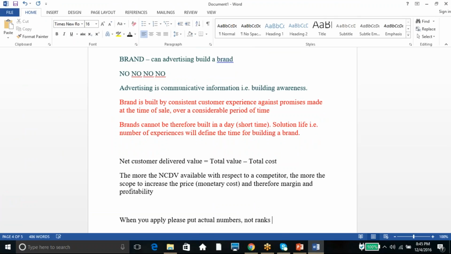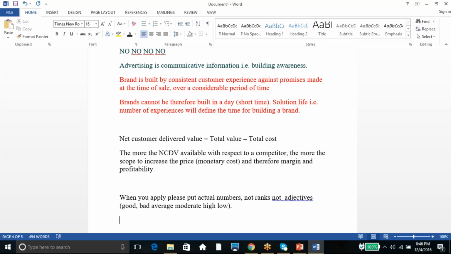Not ranks, not adjectives like good, bad, average, moderate, high, low. Actual numbers.